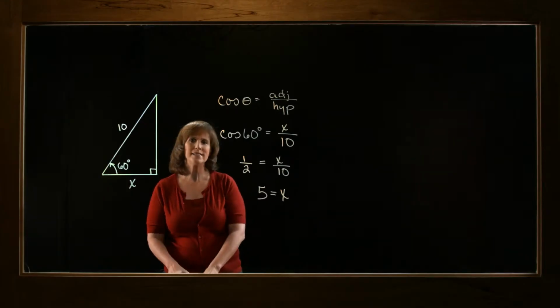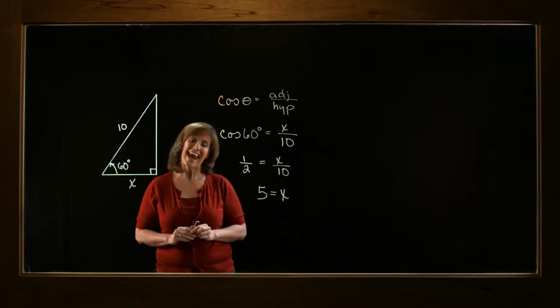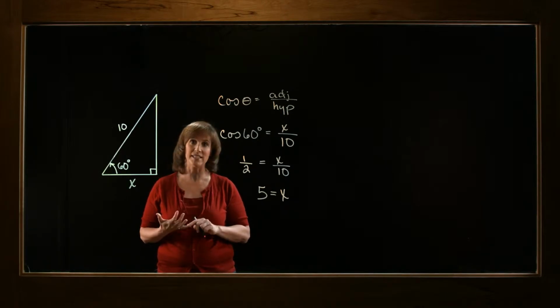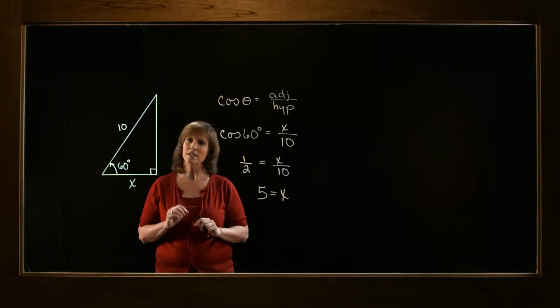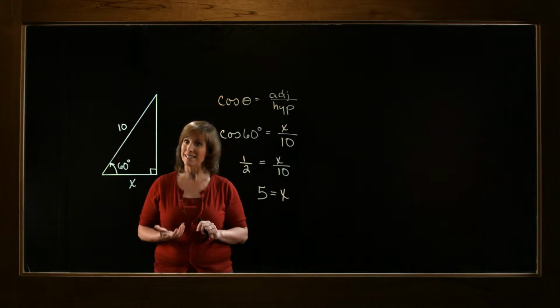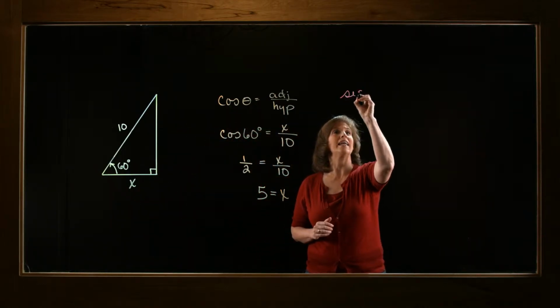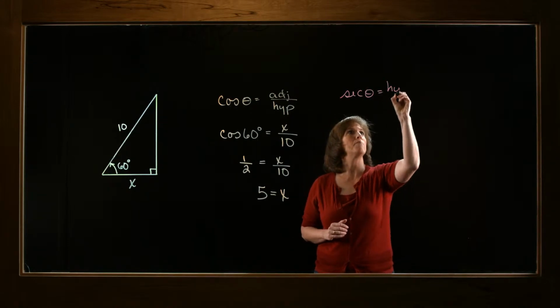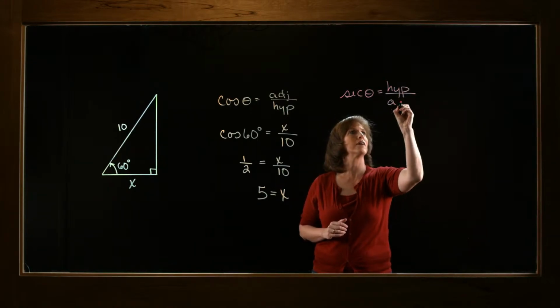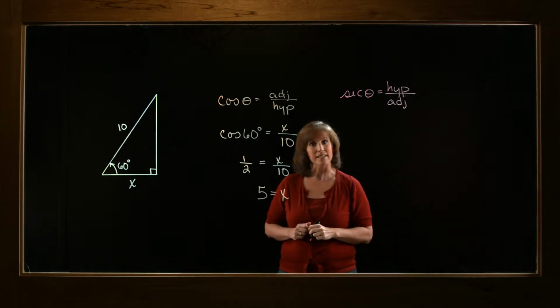But if you remember, I said that both the cosine and the secant deal with the adjacent and the hypotenuse sides. So let's try this problem again using the secant function. So the secant of any angle is equal to the hypotenuse over the adjacent.